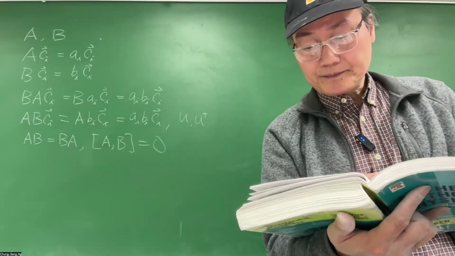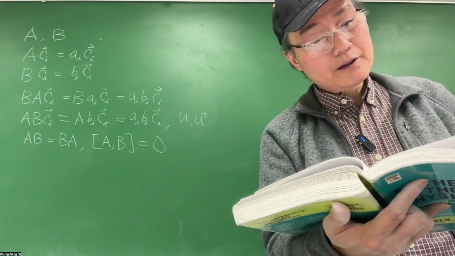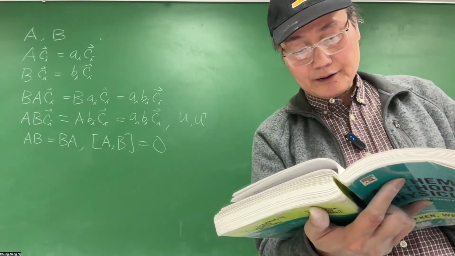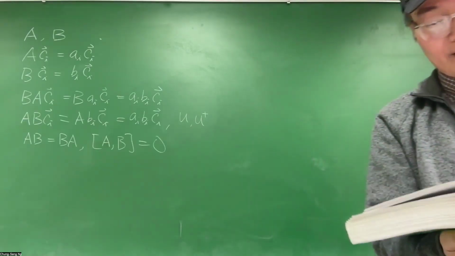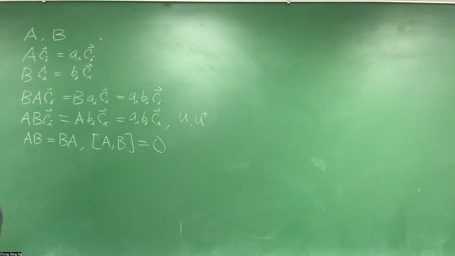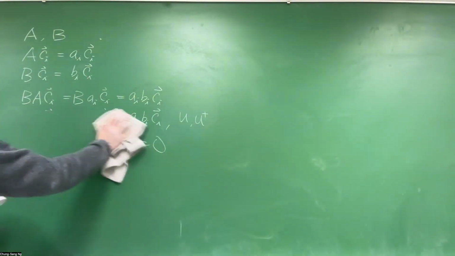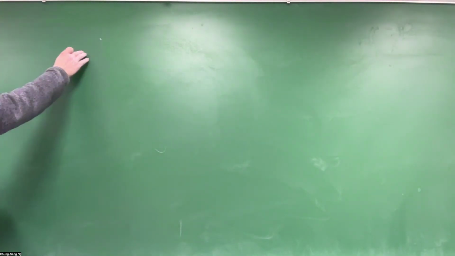The next one is just another way to write it, after you use the eigenvector as your basis for expansion. Then you can write the operator formally in terms of your basis.